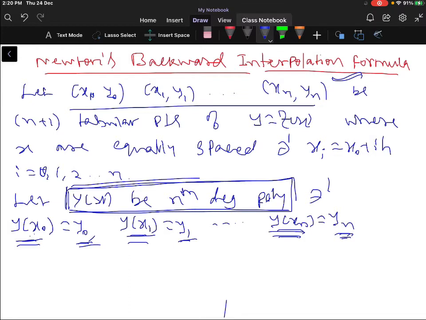Here y of x0, y of x1 and so on y of xn are obtained from the nth degree polynomial, and moreover, according to the definition of interpolation, y of x0 is the same as y0, y of x1 is the same as y1 and so on, y of xn is the same as yn.